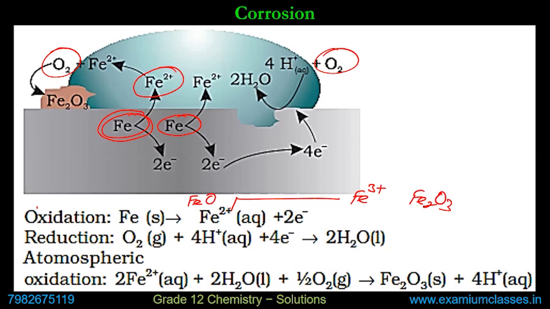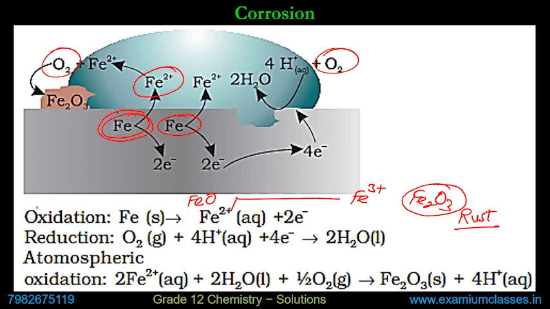Ferrous oxide is not rust; ferric oxide is rust. Normally you won't have ferrous oxide, because the moment you get it, it gets oxidized to ferric oxide. So this one is just an intermediate.